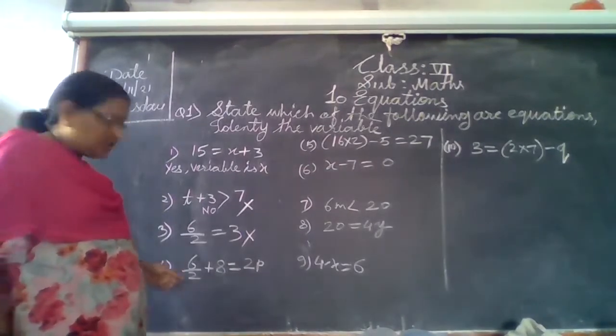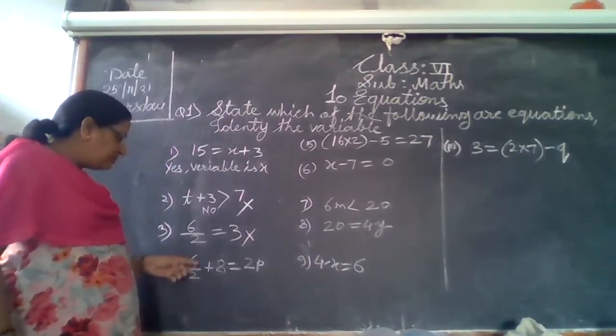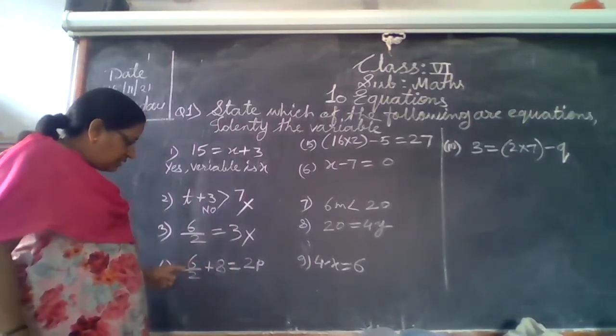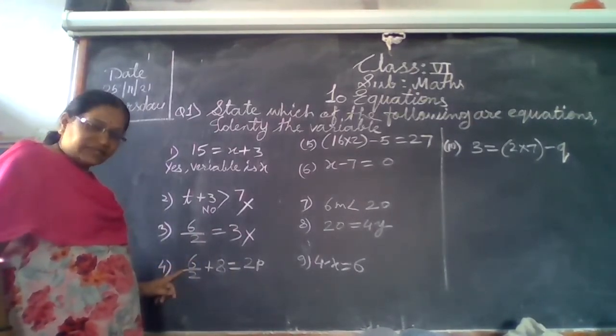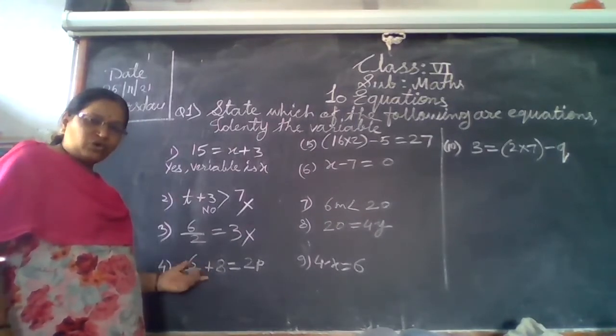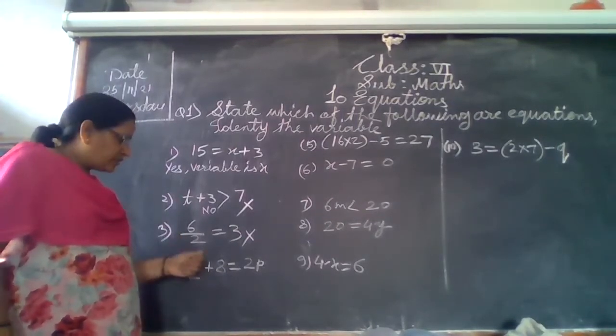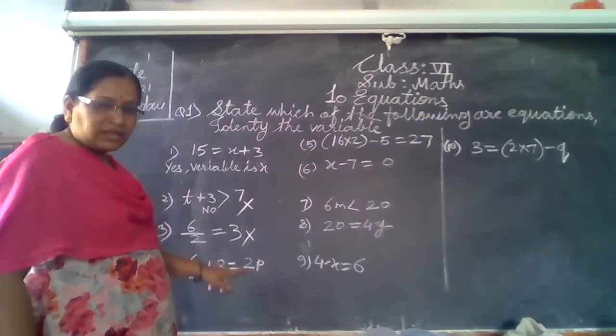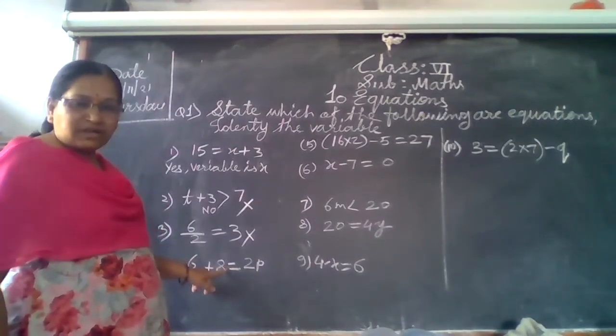Fourth one, see beta, 6 upon 2 plus 8 equals to 2p. Operation is division and plus. Both operations are there. Yes, it is having the variable p and also having the equality.